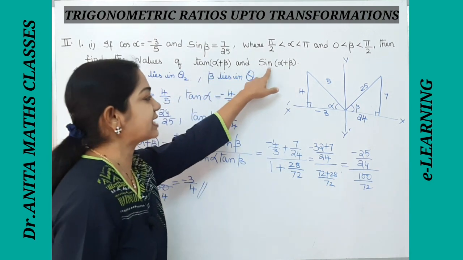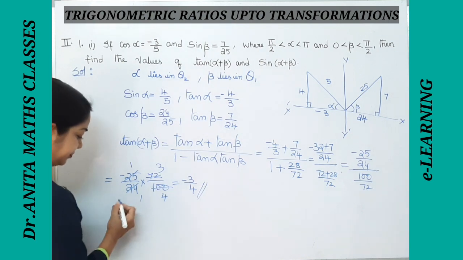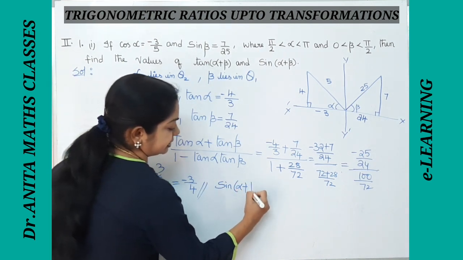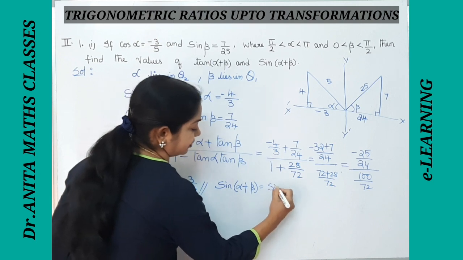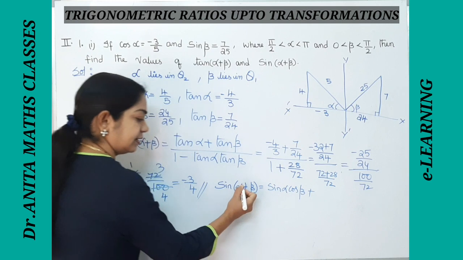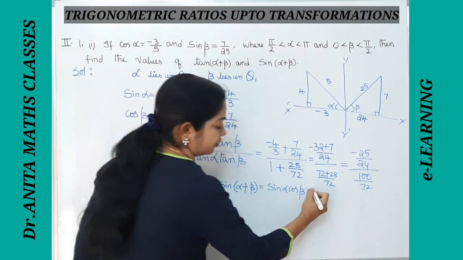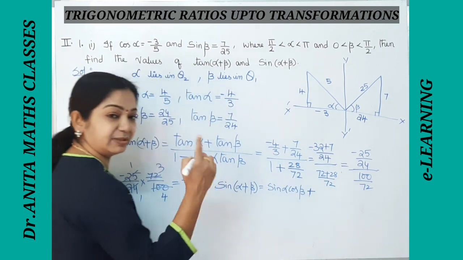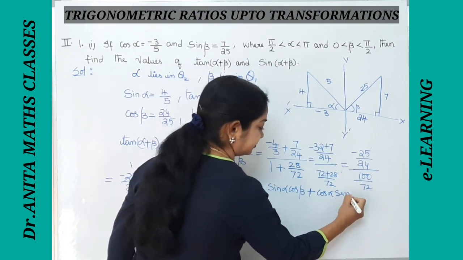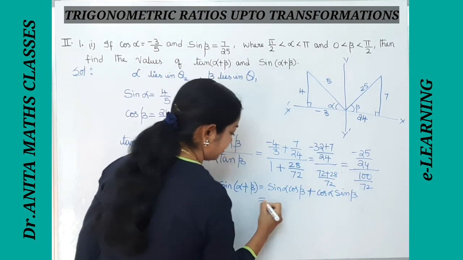Now we also want sin alpha plus beta. So sin alpha plus beta equals sin alpha cos beta plus cos alpha sin beta. In the sine function, the plus will be plus only, it won't change. For the cos function, we will be changing the signs. Right, we will substitute the values.